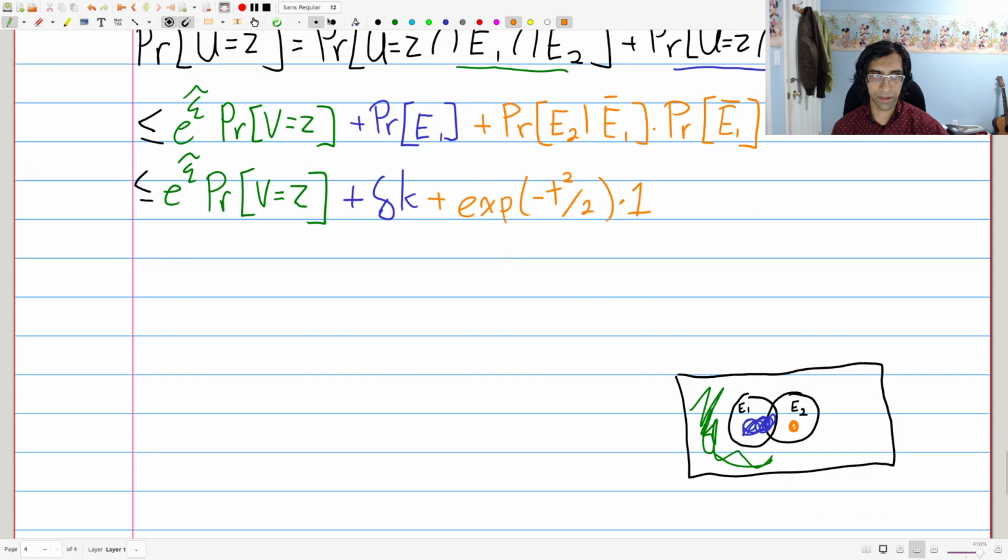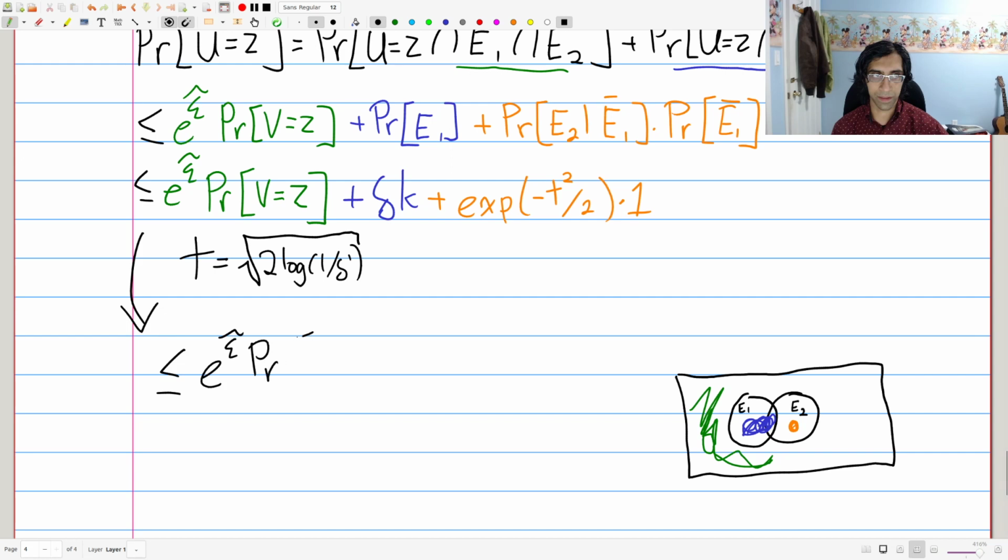And the final step in this whole proof will be just to set t equal to the square root of 2 log 1 over delta prime. And if you do that, then you'll see that this is less than or equal to e to the epsilon tilde, probability that v is equal to z, plus delta k plus delta prime, where this is overall equal to delta tilde.